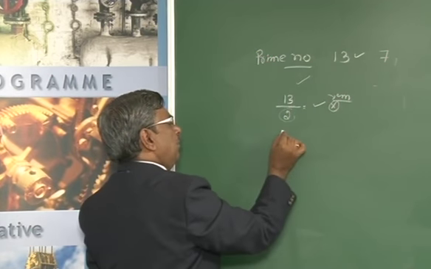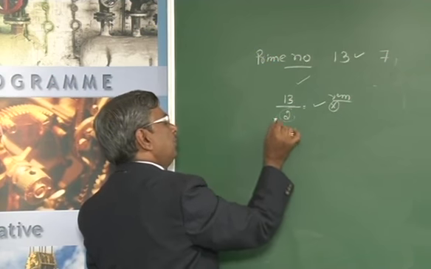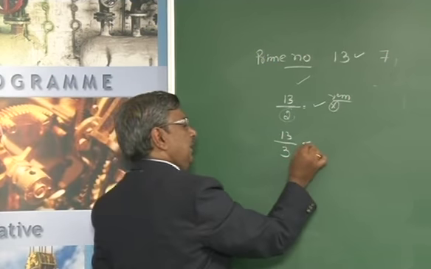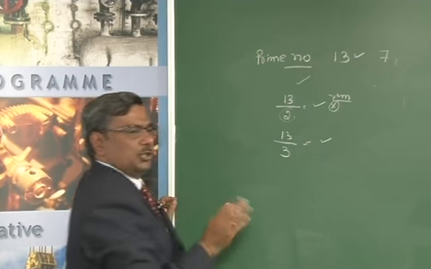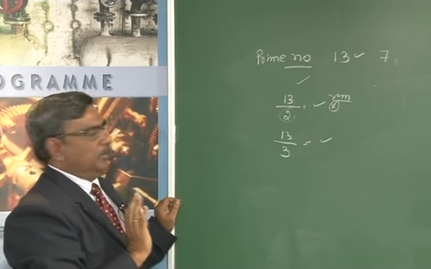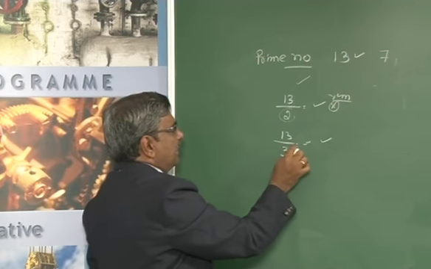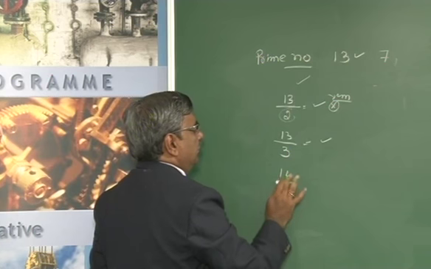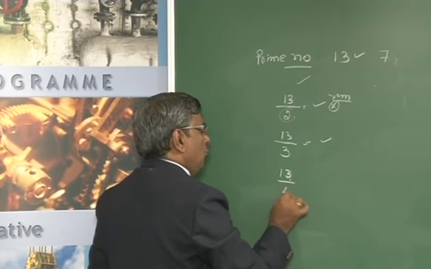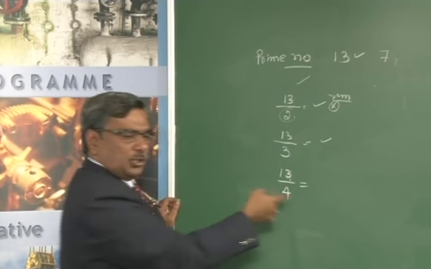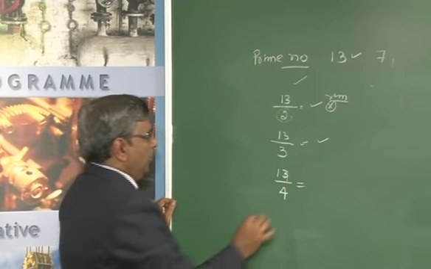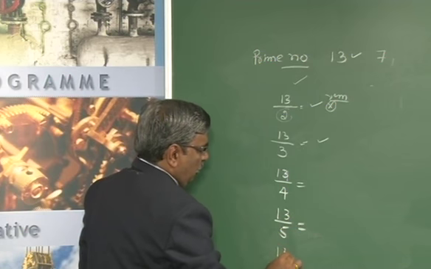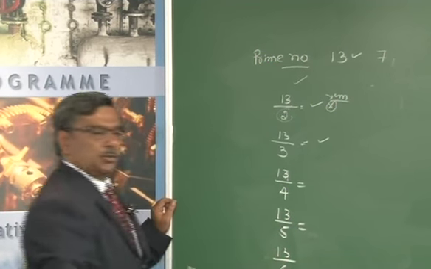Next, the same number, I will divide it by 3. If you get remainder 0, the process is over, the given number is not a prime. But if the remainder is not 0, then I will go once again dividing it by the next, 13 by 4. Then also I will not get remainder 0, then I will move to 5, then 6. 6 2s are 12.